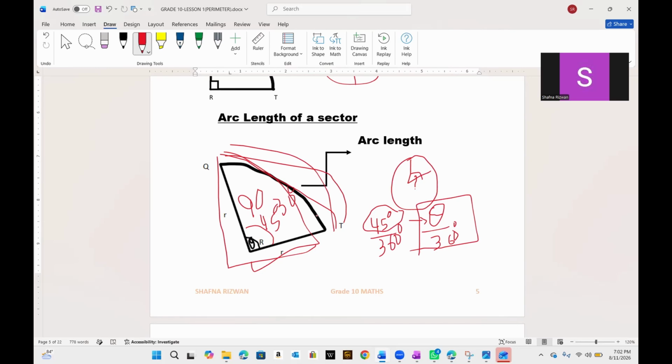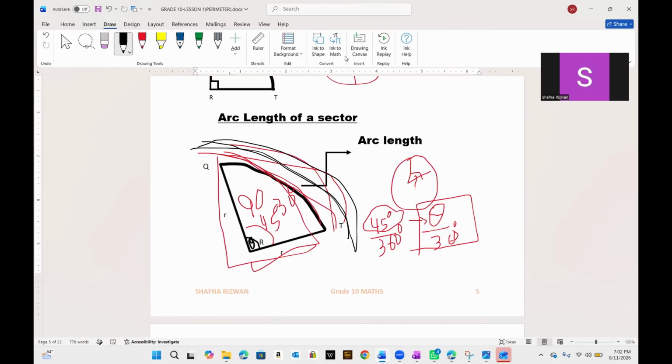And then, from what are we taking 45 degrees? From this whole circle, that is, the circumference, the perimeter of the circle. From this whole circumference we are taking 45 degrees, or 90 degrees. What is the formula for the circumference of the circle?